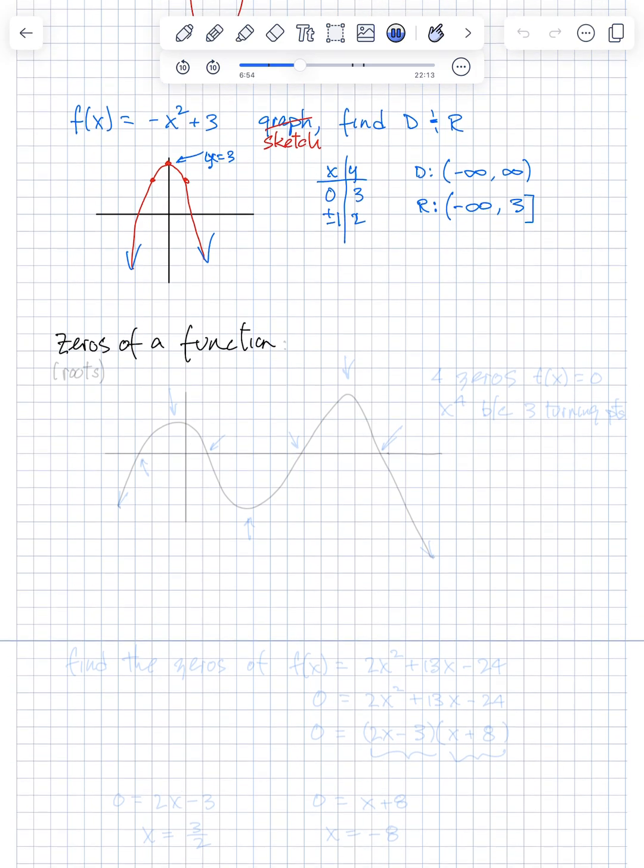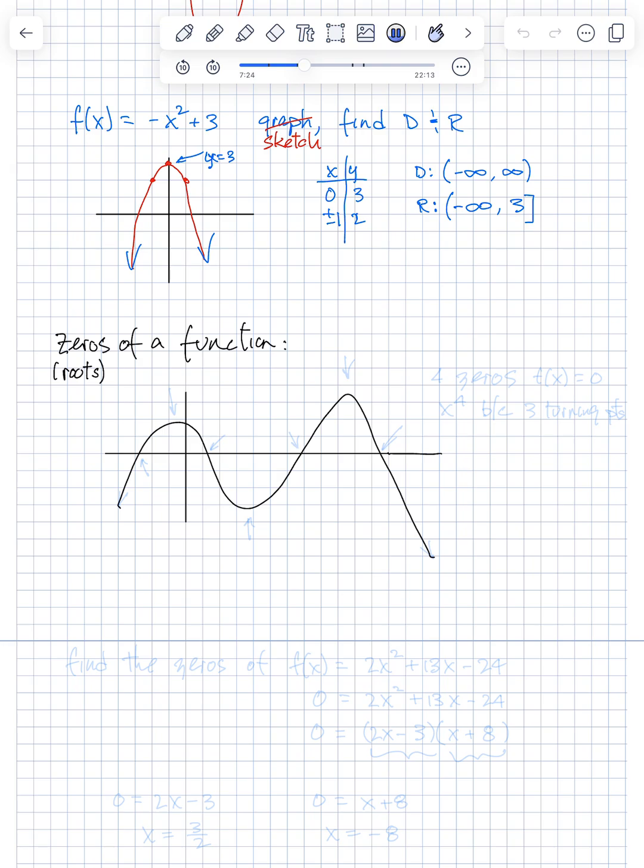Zeros, also called roots. Let's say we had a function. I'll just draw one real quickly, something like that. Well, we want to find the zeros of the function.